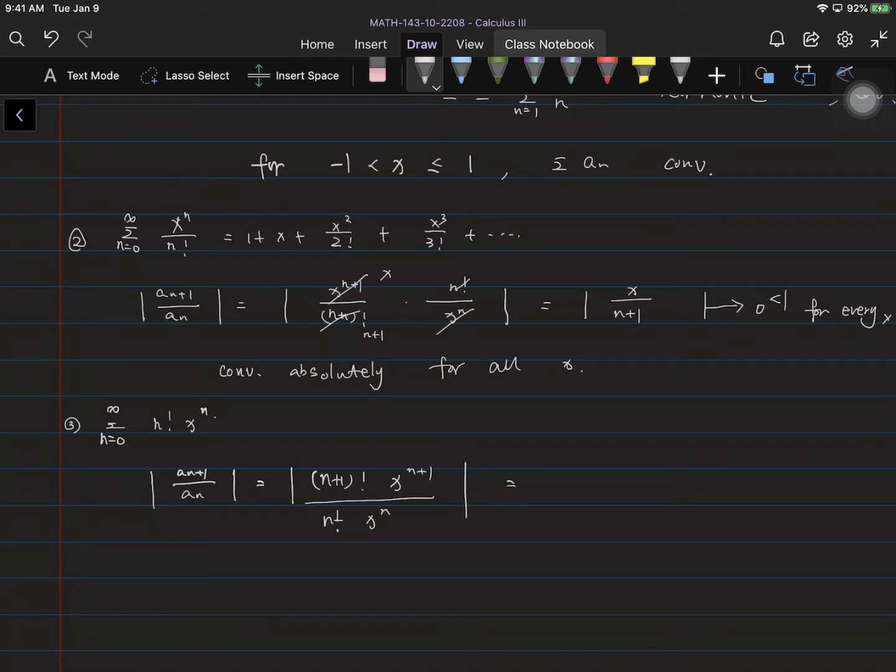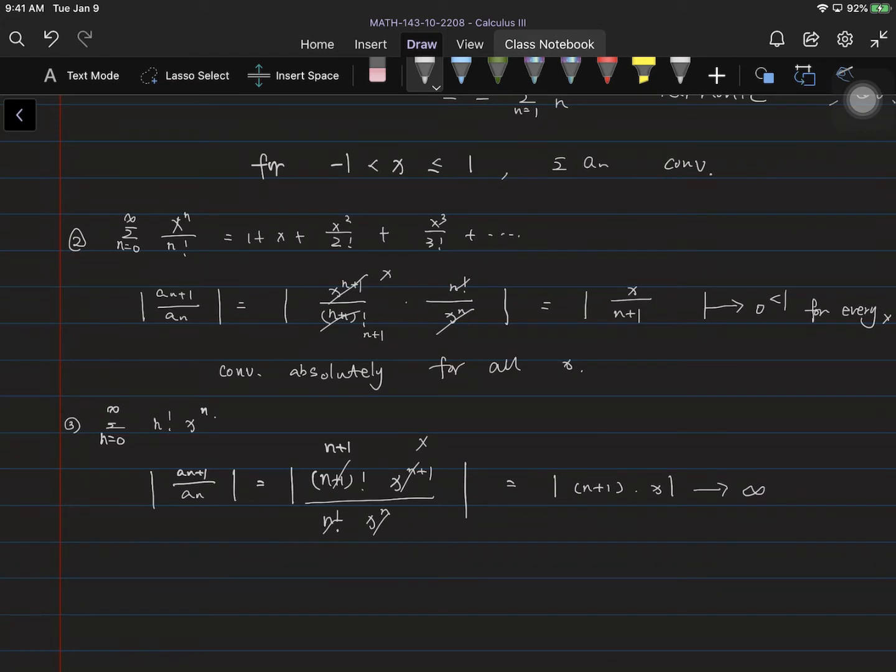Simplify. n plus 1 left, x left. So this equals n plus 1 times x. So this goes to infinity. When the rho goes to infinity, we know it diverges, right?